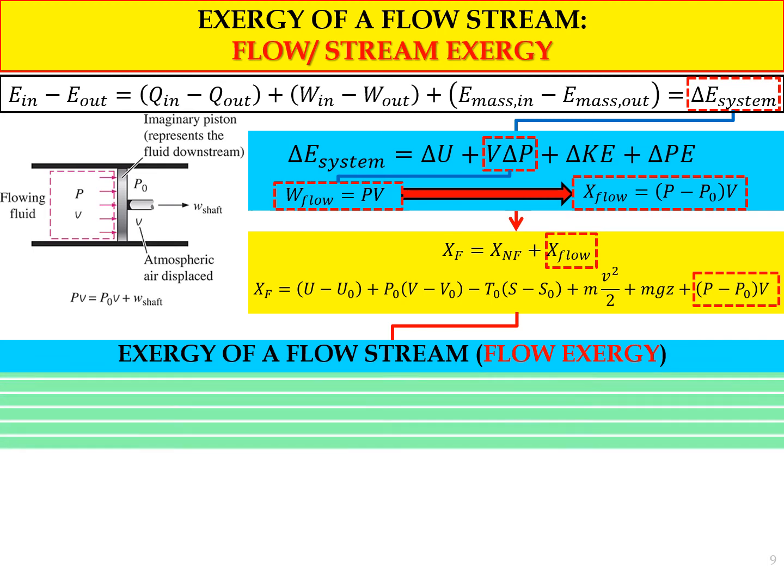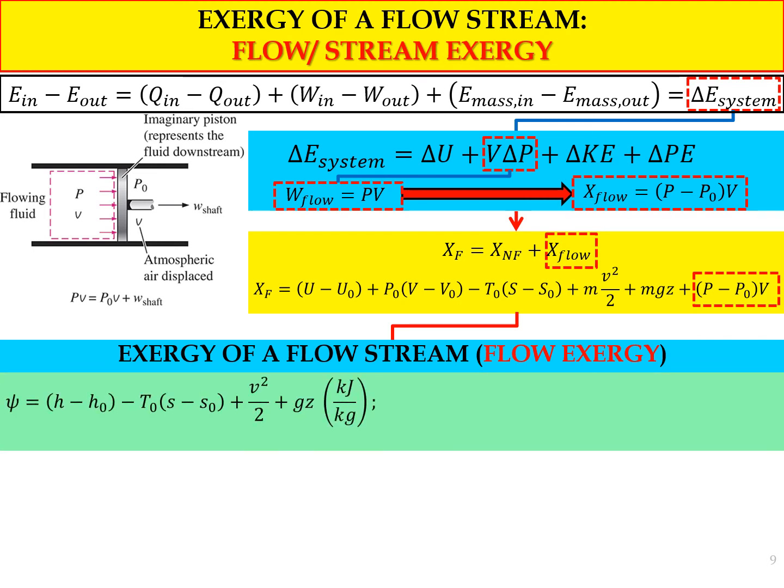So exergy of a flow stream, as you can see, this is the equation of the exergy of a flow stream per unit mass, and also this is the exergy times the mass. From here you can see that for the case of a closed system or non-flow system, here is the internal energy.